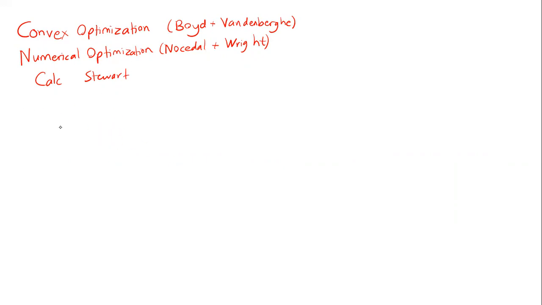And so where we left off in class was that we had gone through some of the definitions of convex functions and convex sets so that we had some clarity on what those were. And then we had started looking at the fundamentals of unconstrained optimization.